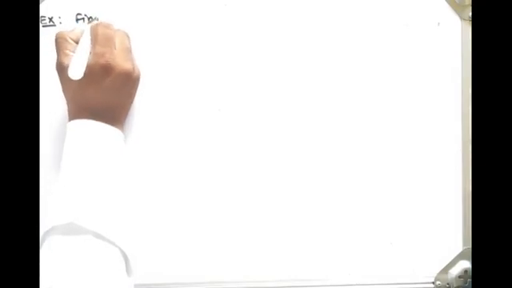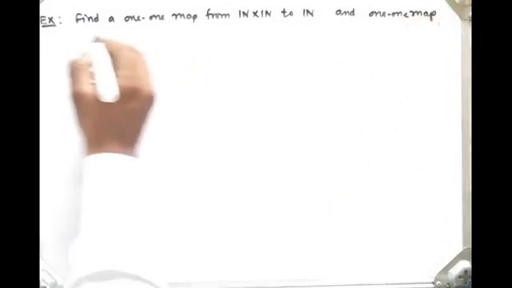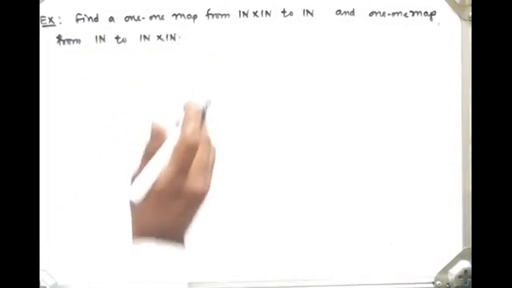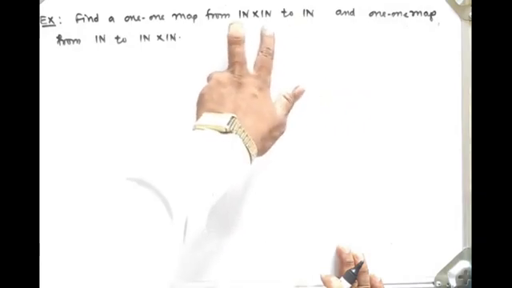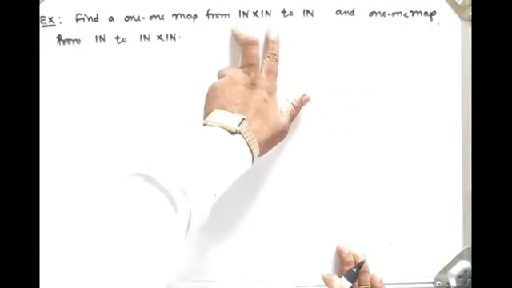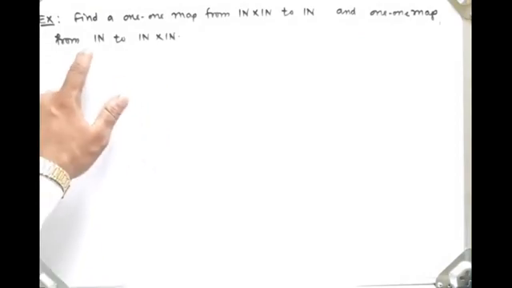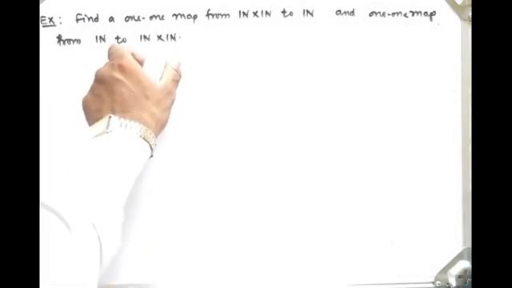Find a one-one map from natural numbers N cross N to natural numbers and a one-one map from natural numbers to N cross N. Here the function f from N cross N to N means the domain of the function is ordered pairs and the codomain of the function is the set of natural numbers. And the second function, natural numbers to N cross N, means the domain of the function is natural numbers and the codomain is ordered pairs.